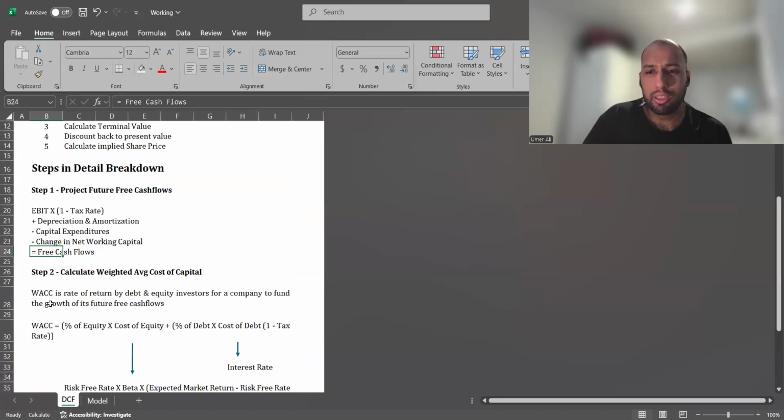Secondly, we need to calculate the weighted average cost of capital. So what is WACC? By its name, the meaning is the average cost of doing business. In business, there are primarily two investors. One is the sponsor that invests the equity, and the other is the financial institution that gives the business the loans, the lines, and primarily the long-term loans.